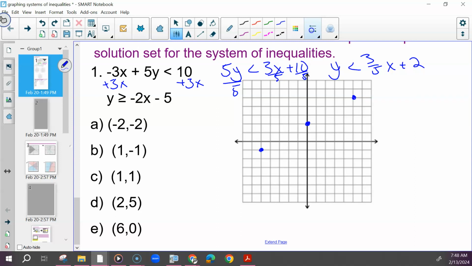And this would be a dash or a solid line? Dash. Shaded above or below? Below. I'm going to shade those things.